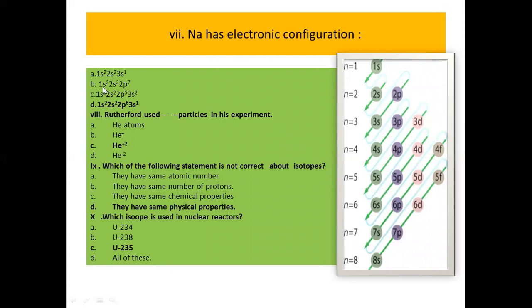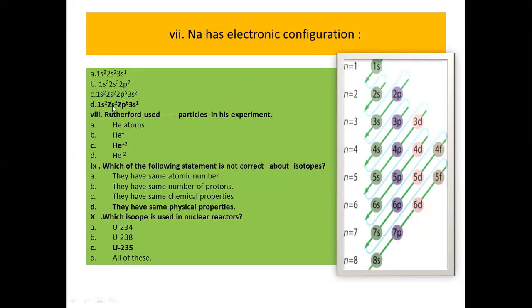B option, 1s2, 2s2, 2p7. The subshells are the same, but the electron distribution is not correct. P can accommodate 6 electrons. We cannot put 7 electrons in P. So this is wrong. C, 1s2, 2s2, 2p5, 3s2. Again wrong. So this is again wrong option.